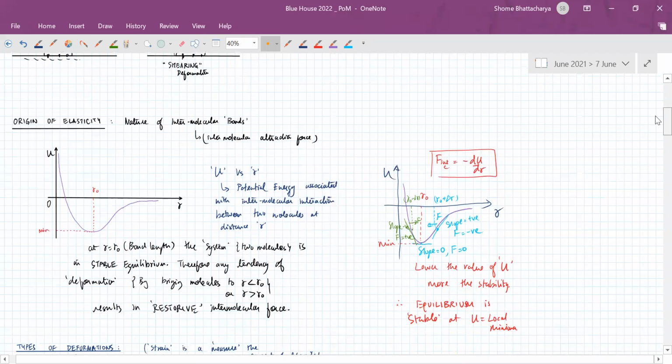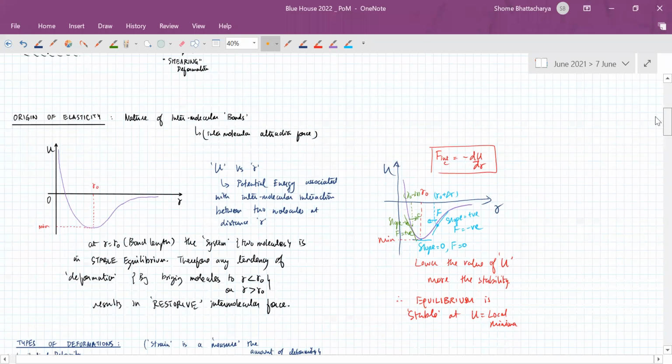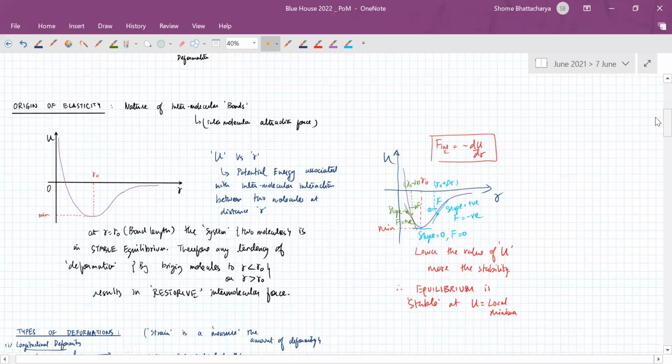No, elasticity doesn't tend to zero, beta. At R equal to R naught, now what is happening? It tends to zero as R tends to zero. U is the potential energy. So then the maximum is infinity, right? Yes.